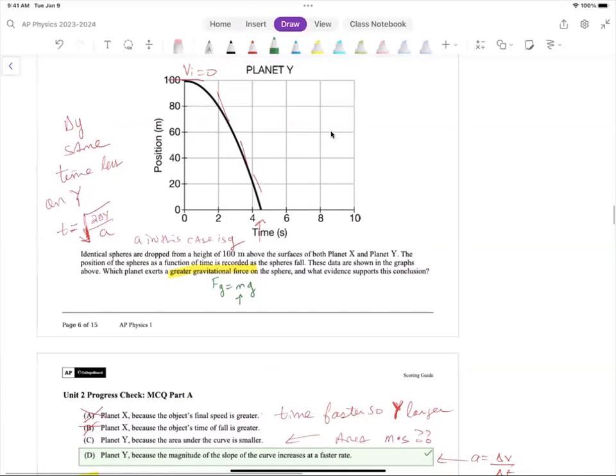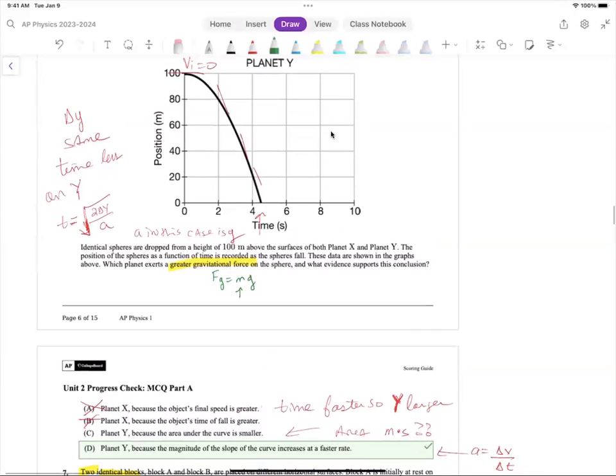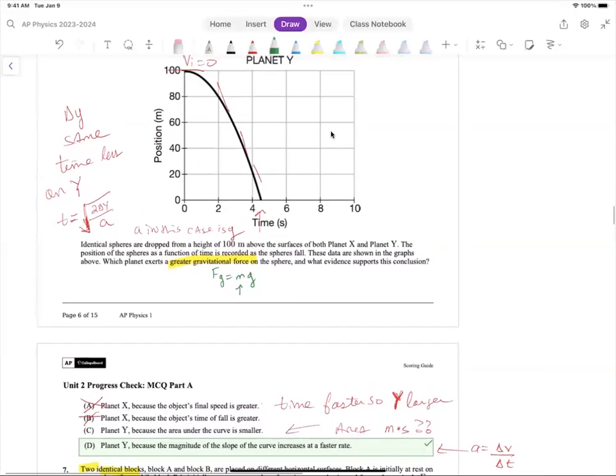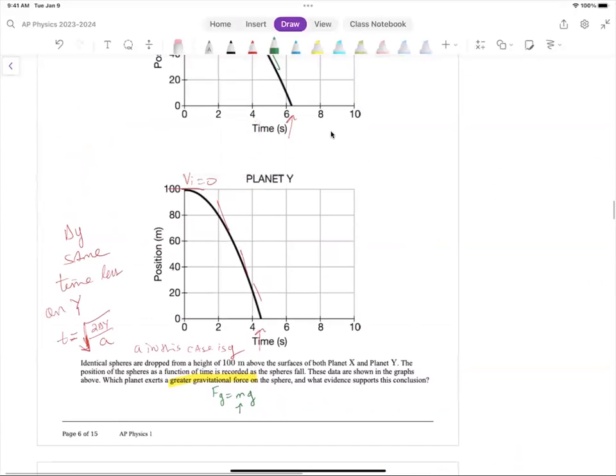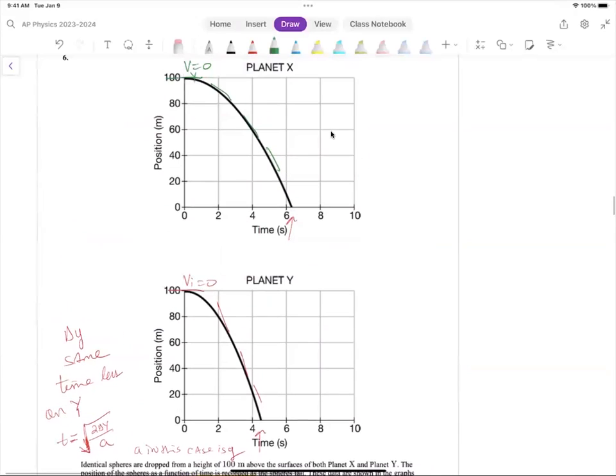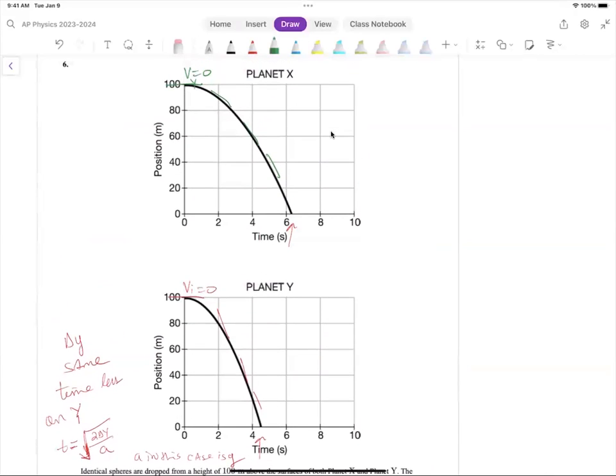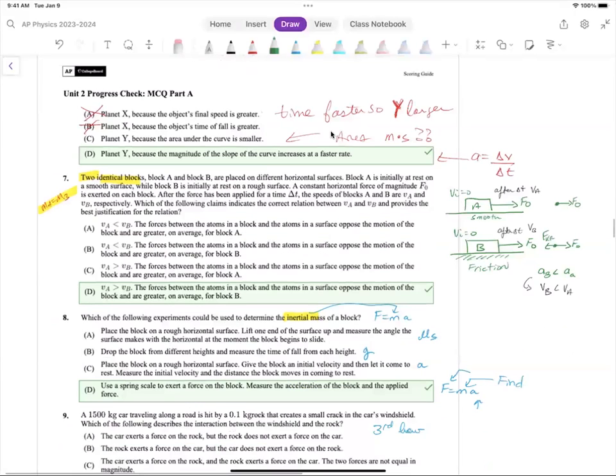We've already figured that out because the magnitude of the slope of the curve increases at a faster rate. Acceleration is change in velocity. Velocity is the slope of a position versus time curve. So you can see that the position versus time curve tangent lines increase their slopes at a faster rate for Y than X. Hope that helps.